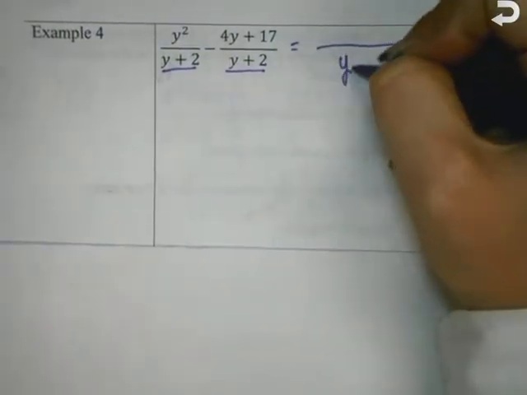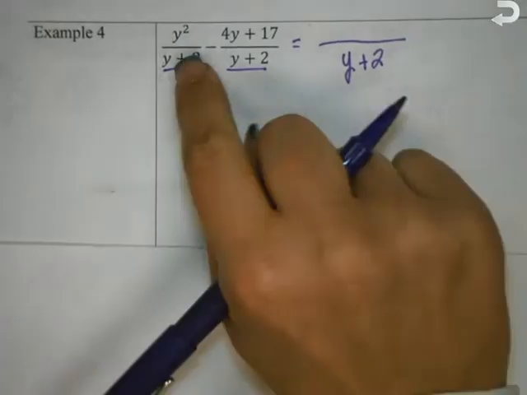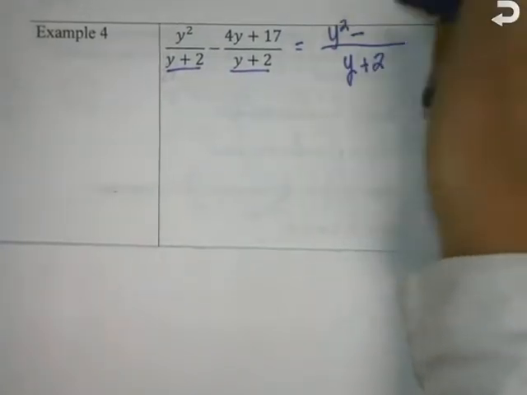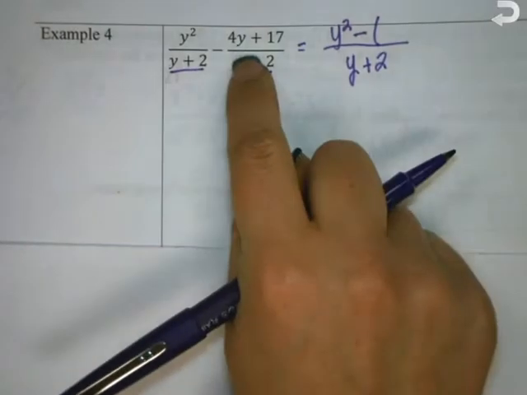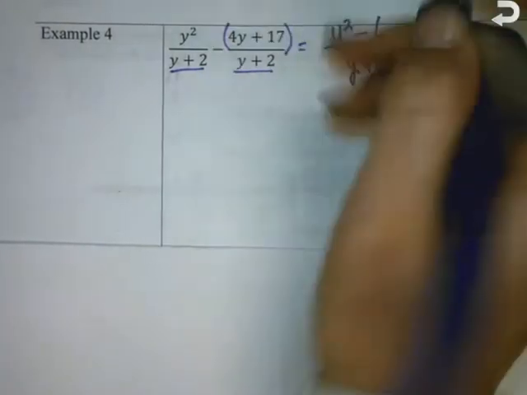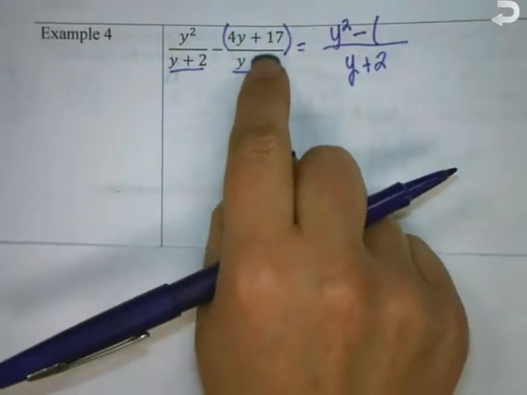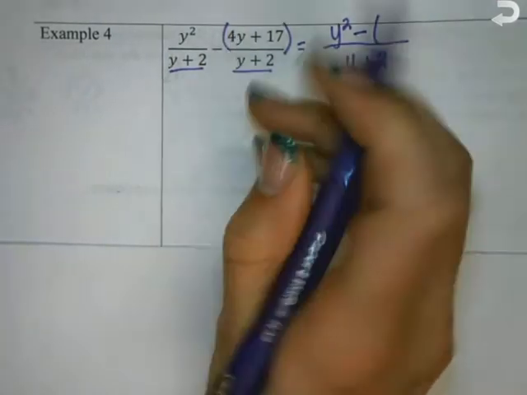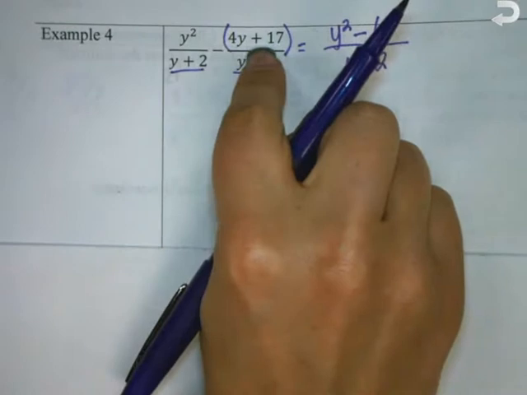And what's in the numerator? y squared minus, and now we need to keep 4y plus 17 in parentheses, because it's all in the numerator right here. So we're subtracting this whole thing. So that's minus parentheses 4y plus 17.